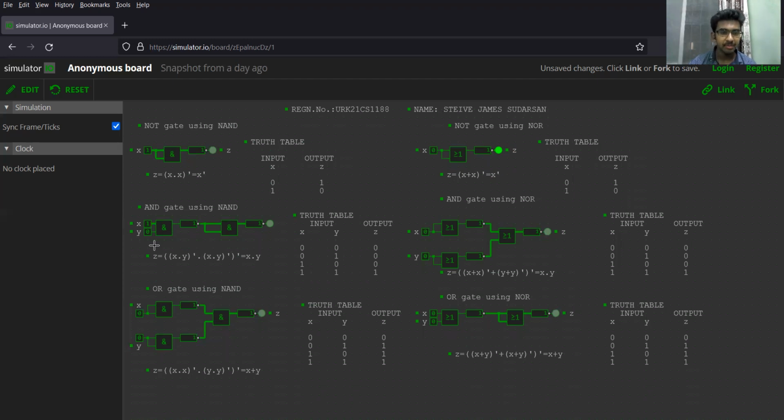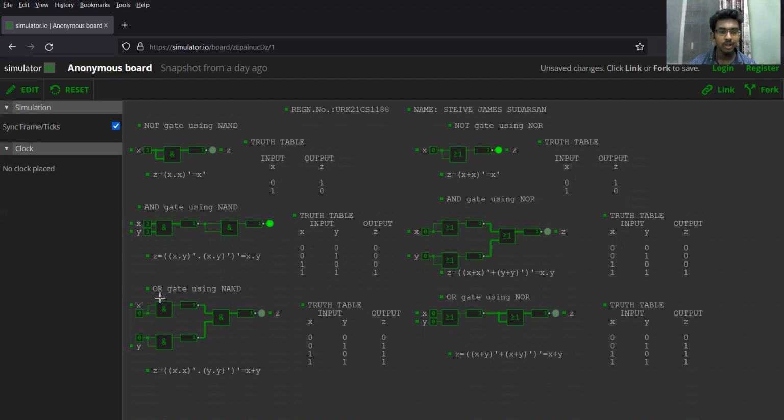If both values are high, the bulb glows. Hence we can conclude that 1 into 1 is equal to 1, which gives the correct high output using the AND gate.